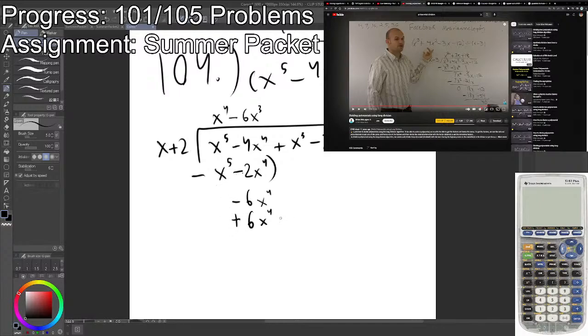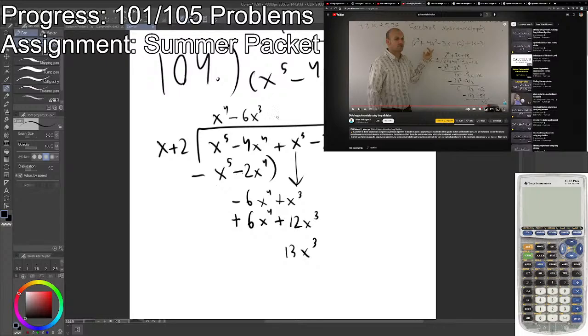Subtract that, so plus 12. I'm doing a lot of steps in my head, I might mess this up. Plus 12x cubed, so drag this down. So 13x cubed.